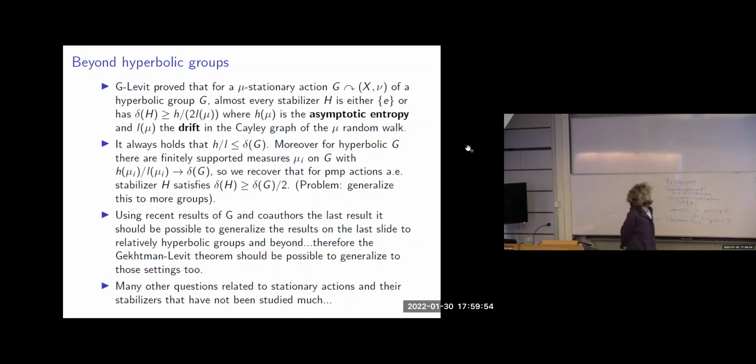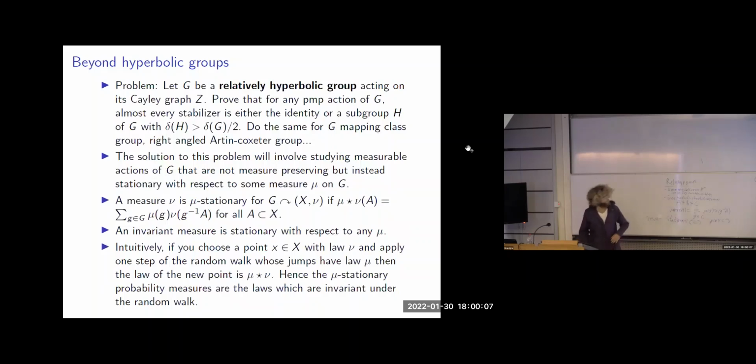So 2 months ago, myself and Reed proved that if you have, an important thing to note, that if a measure is invariant, it's stationary with respect to any measure on G you choose. So invariance is like super duper stationary.